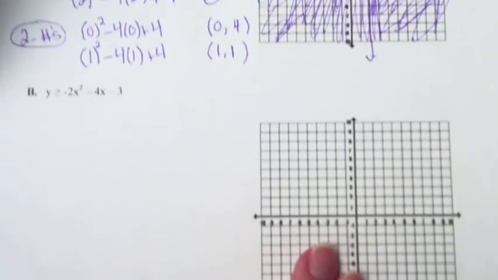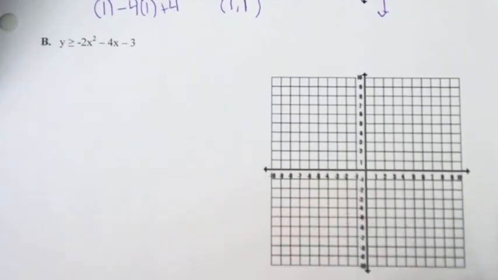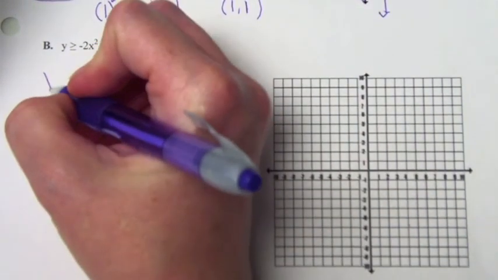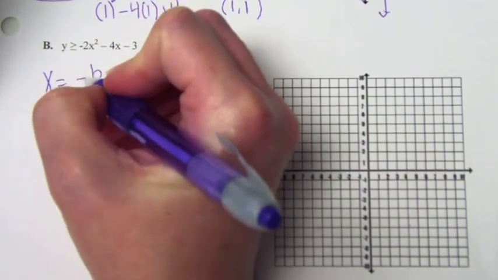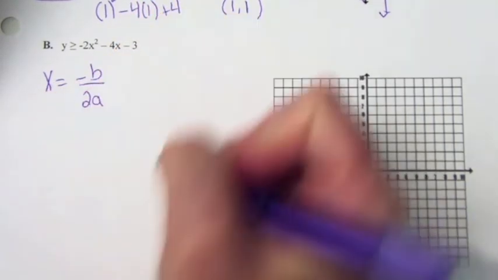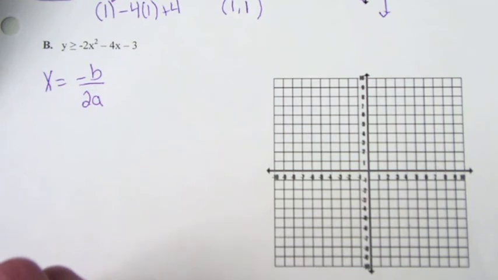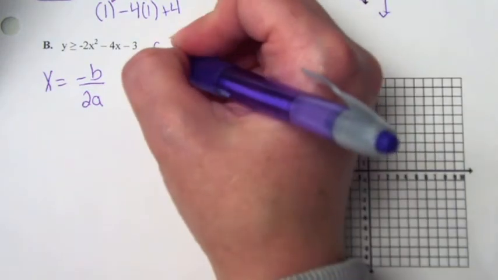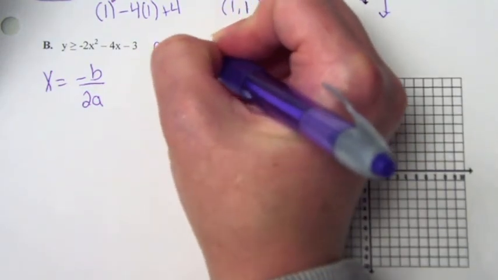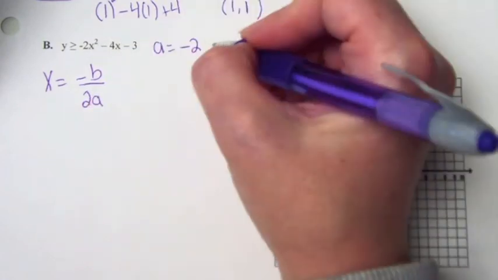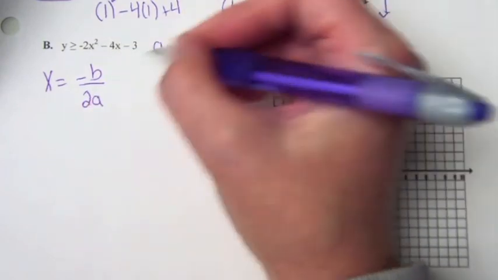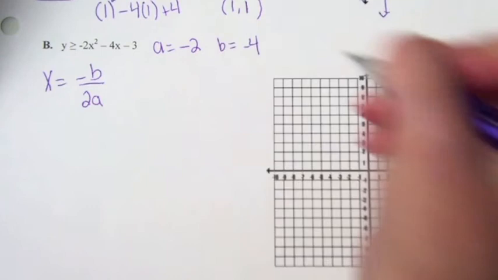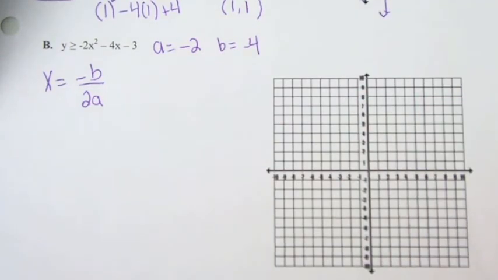All right, letter B. We first need to find our axis of symmetry. We're going to use the formula x equals negative b over 2a. We need to pick out what our a is and what our b is. What's a? Negative 2, because that's what's in front of the x squared term. B is negative 4. We plug those two values in.